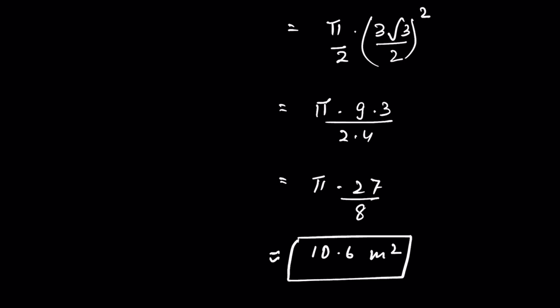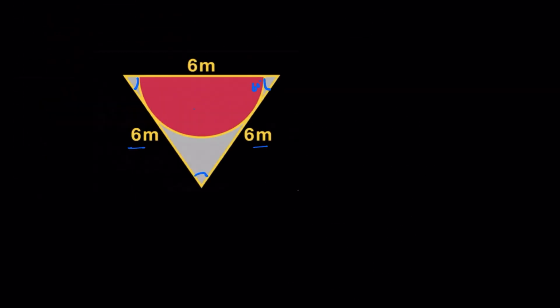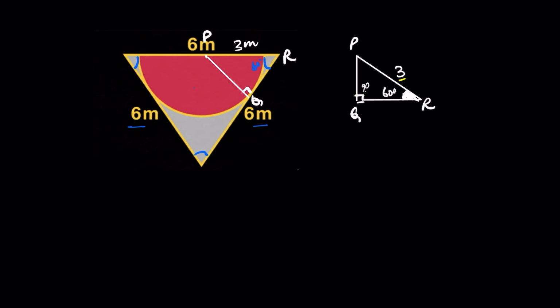So this is one method of calculating it. Another method is, again, we drop the perpendicular here and look at this triangle PQR and use the sine, cosine and tan ratios. So we have the triangle PQR where PQ is the radius R, and we can use sine, cosine or tan to find this radius R. How to decide what to use?